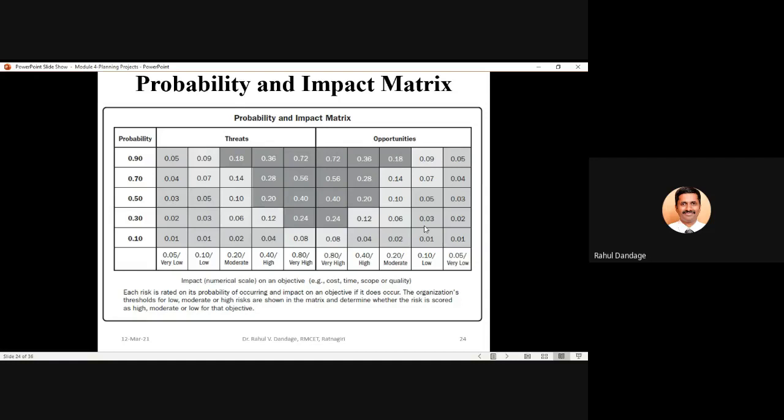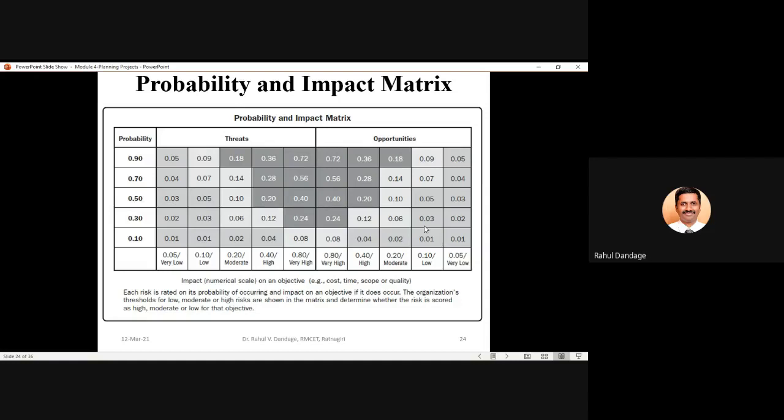When I say the impact is 0.05, we consider that a very low impact. Then 0.1 is a low impact, 0.2 a moderate impact, 0.4 a high impact, and 0.8 a very high impact. Similarly, in the reverse direction, 0.8, 0.4, 0.2, 0.1, 0.05, from very high to very low.